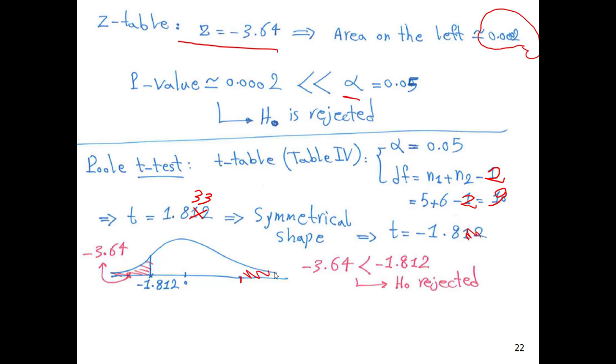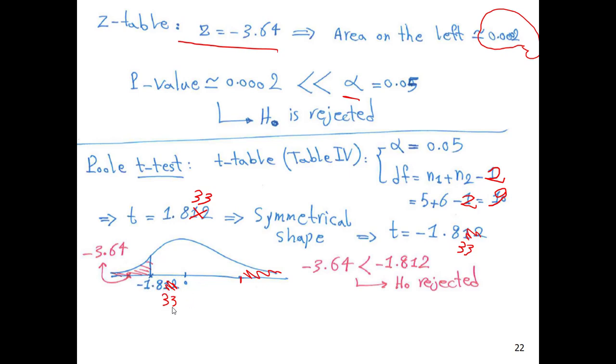Since the curve is symmetric, you just multiply this t by a negative sign and you will get your t. So just multiply that by a negative sign, so you will get t minus 1.833. So your t here is minus 1.833.